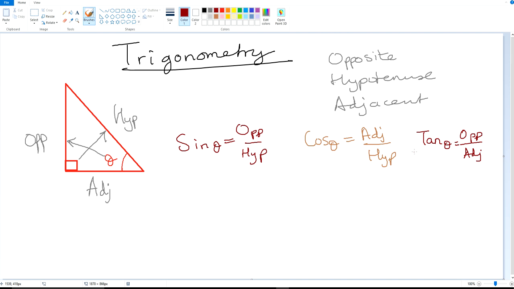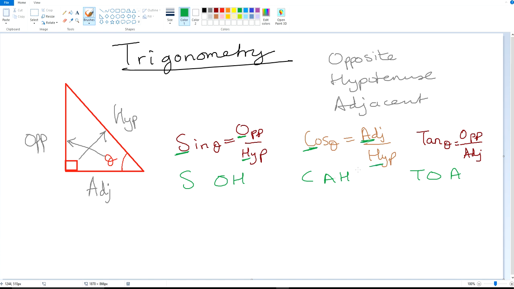Now we're going to simplify this greatly. I don't know whether you guys have heard of the word SOHCAHTOA. That comes from S for sine, O for opposite, H for hypotenuse. CAH comes from C for cos, A for adjacent, and H for hypotenuse.